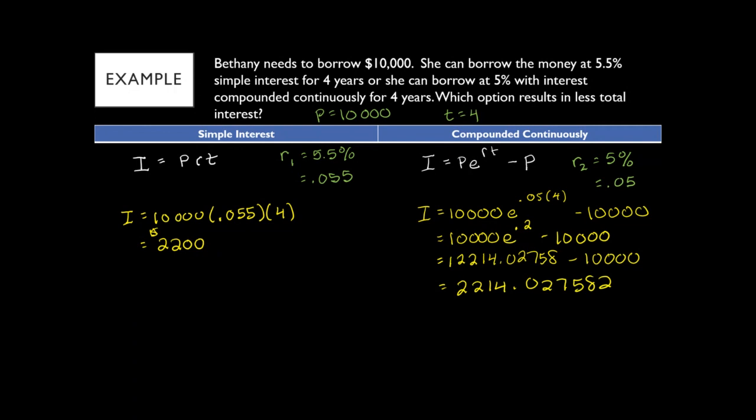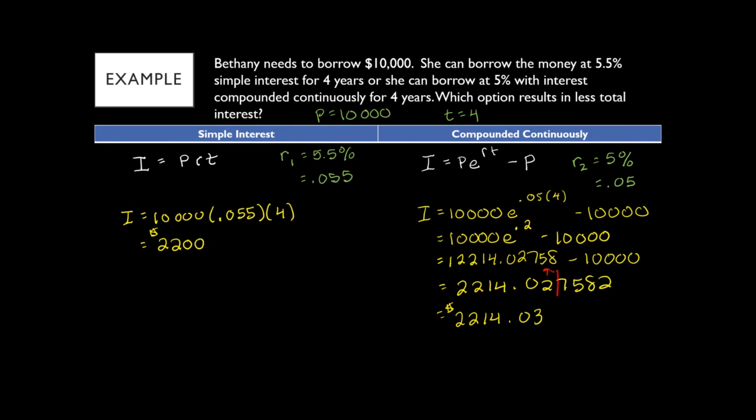And then because this is money, we're rounding to 2 decimal places. And because the number after my line is 5 or higher, we round up. And we get 2214.03 as the total amount of interest.